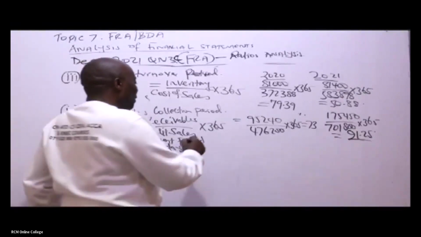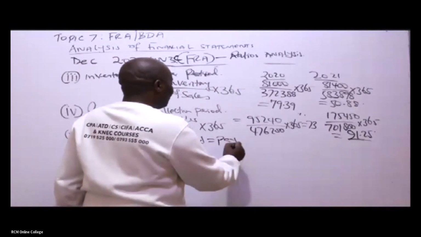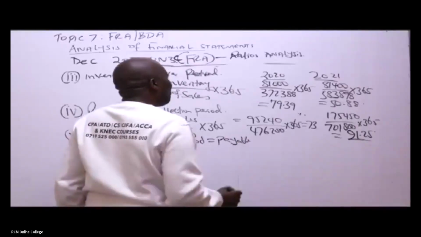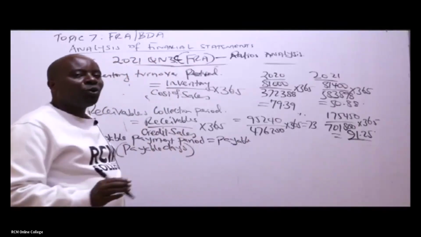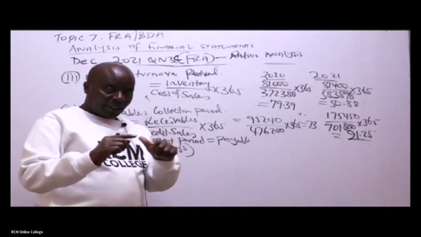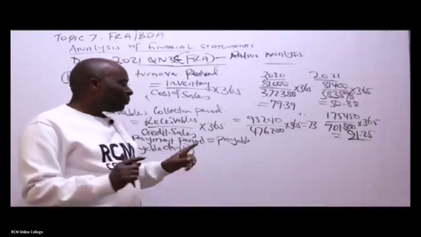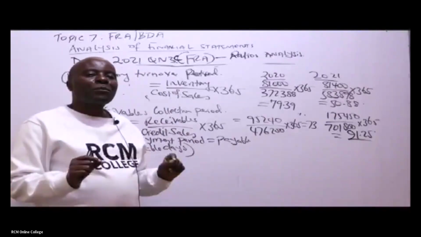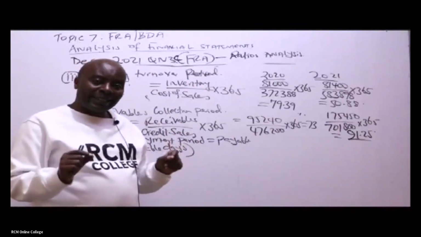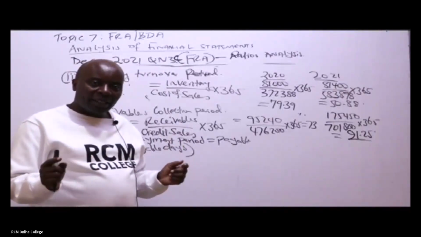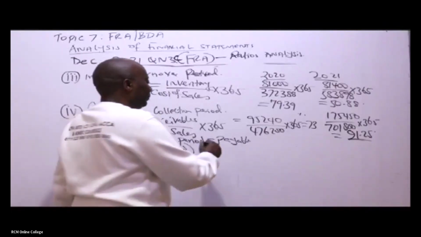So here I will take the payables. And I know for payables, we purchase, then we pay later. So these payables must be compared to the purchases, not cash purchases, the credit purchases.